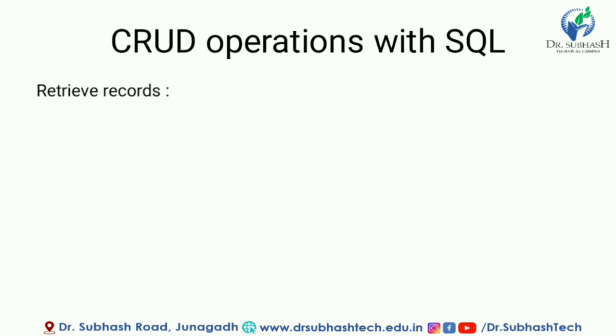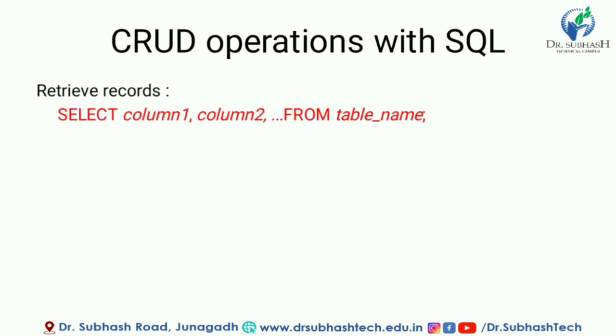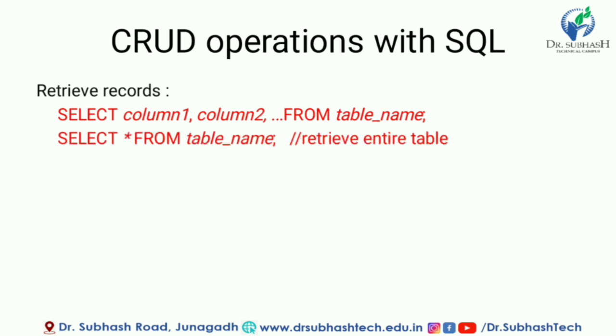Now we will see retrieving records, meaning fetching records from the table. For fetching records, we have the select query. The syntax is select list of columns from table name. Here we specify the list of columns and the table name. If we want to retrieve the entire table, then we write select star from table name.